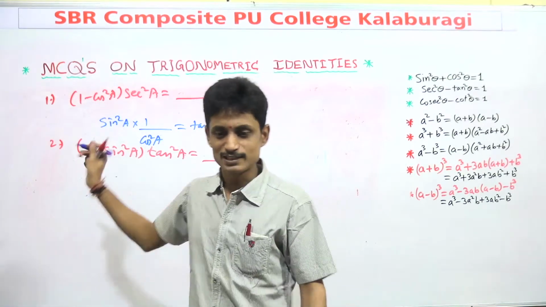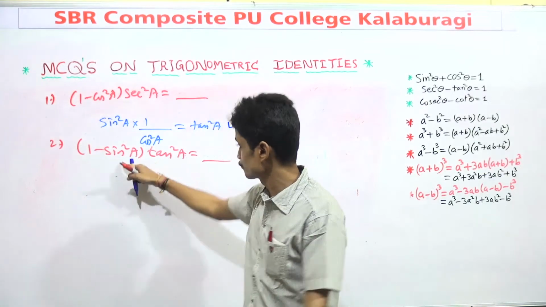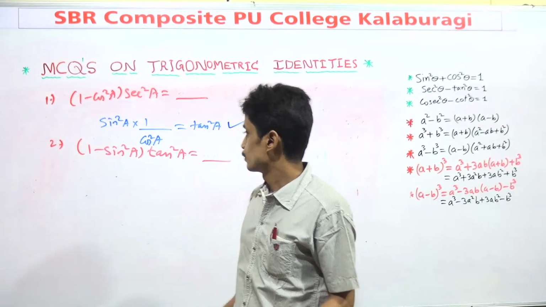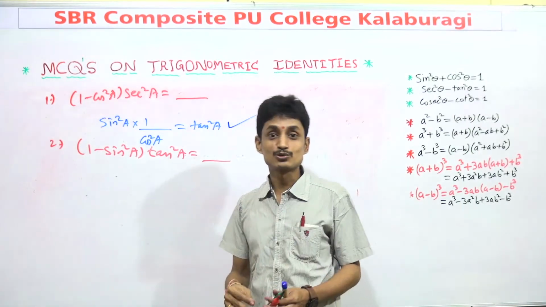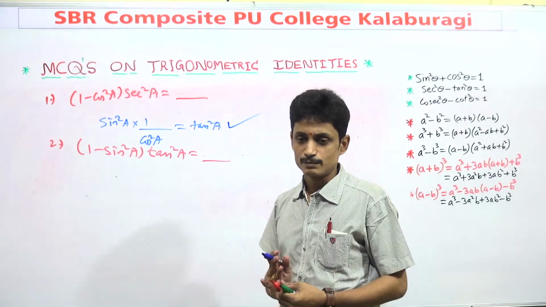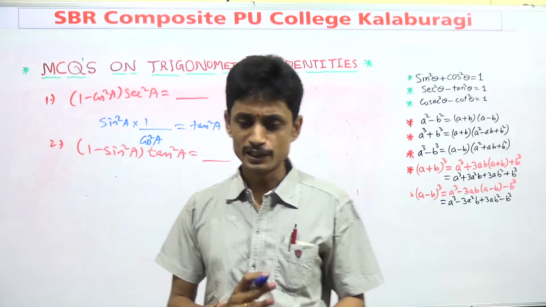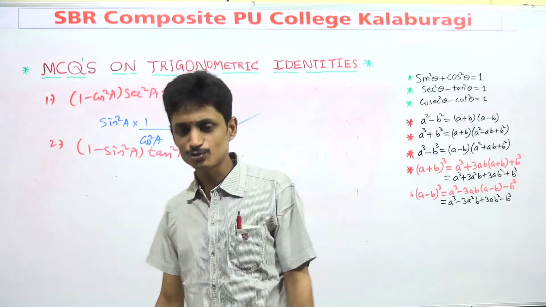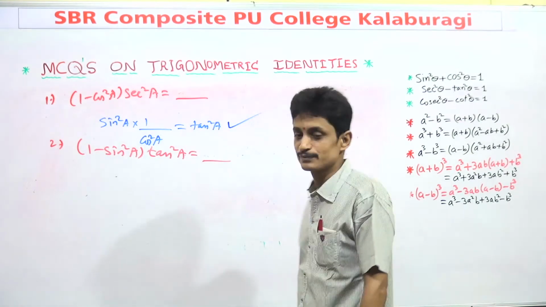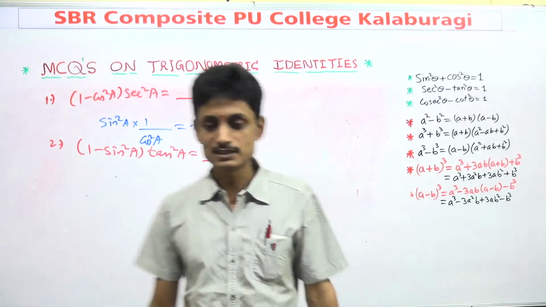Very simple, one step result. Please don't use any pen, answer orally. Okay, Sai Sharon, your answer will be sin square A. That is correct, exactly correct, sin square A.